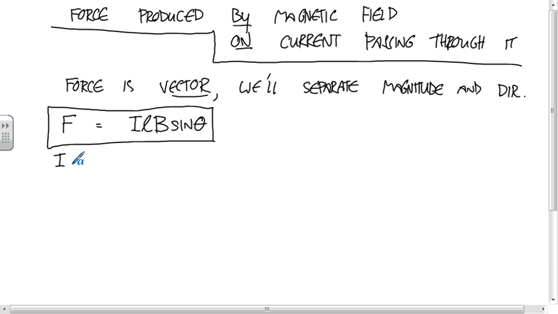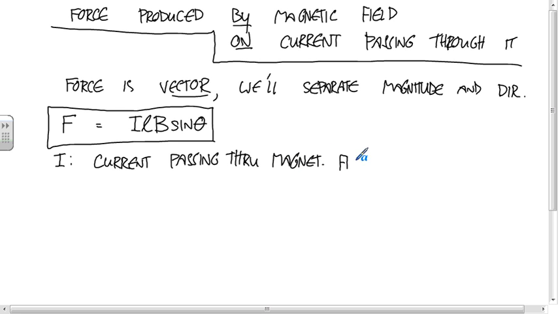So I is the current passing through the magnetic field. L is the length of wire exposed to that magnetic field.